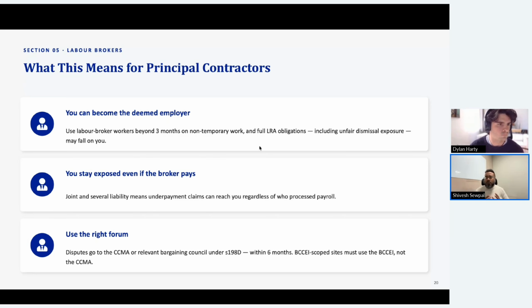Now, to be clear, an indemnity clause does not remove your statutory joint liability, but it does at least give you a contractual mechanism to recover loss and show that you took compliance seriously.